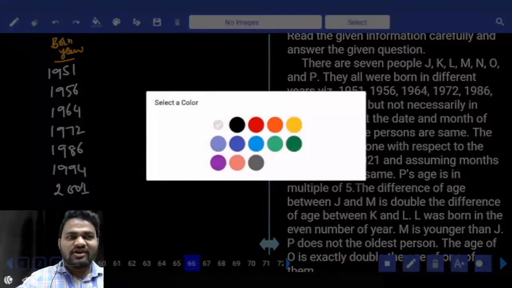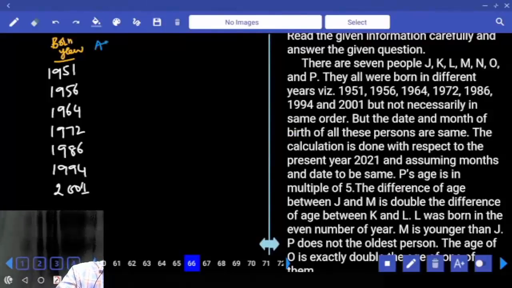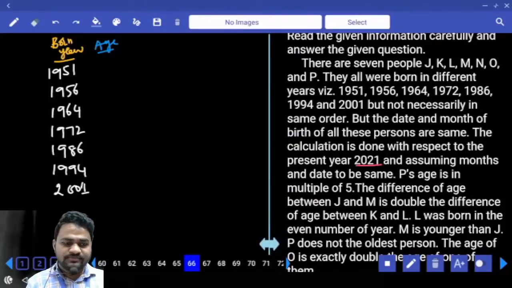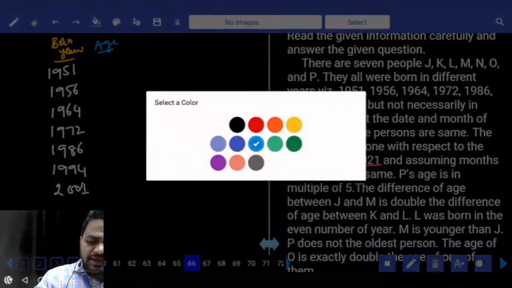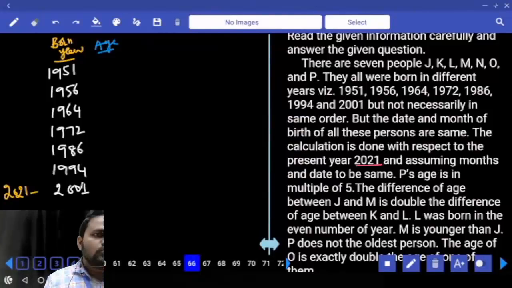Now let us calculate ages of the persons with respect to the present year, that is 2021. In order to get ages, 2021 minus 2001 is 20.